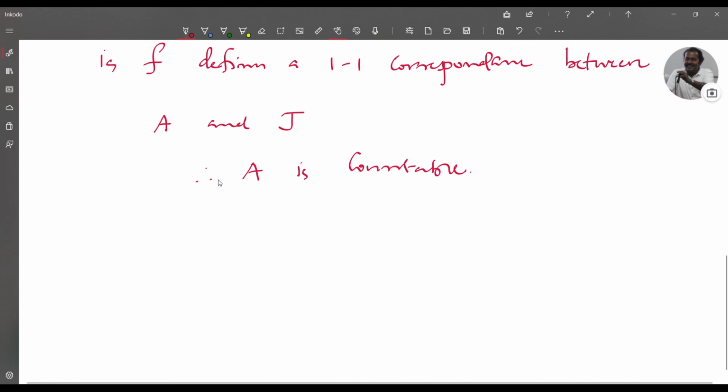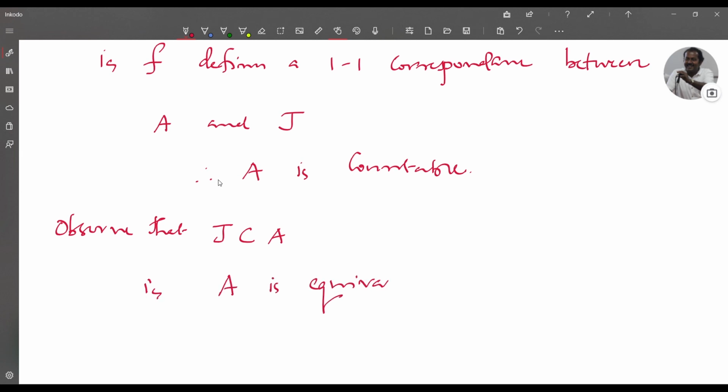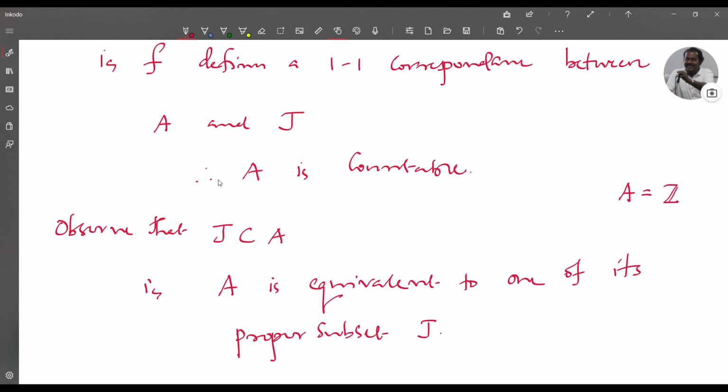And you observe that J is actually contained in A. That is, A is equivalent to one of its proper subsets J. Remember that A is the set of all integers, whereas J is the set of positive integers.